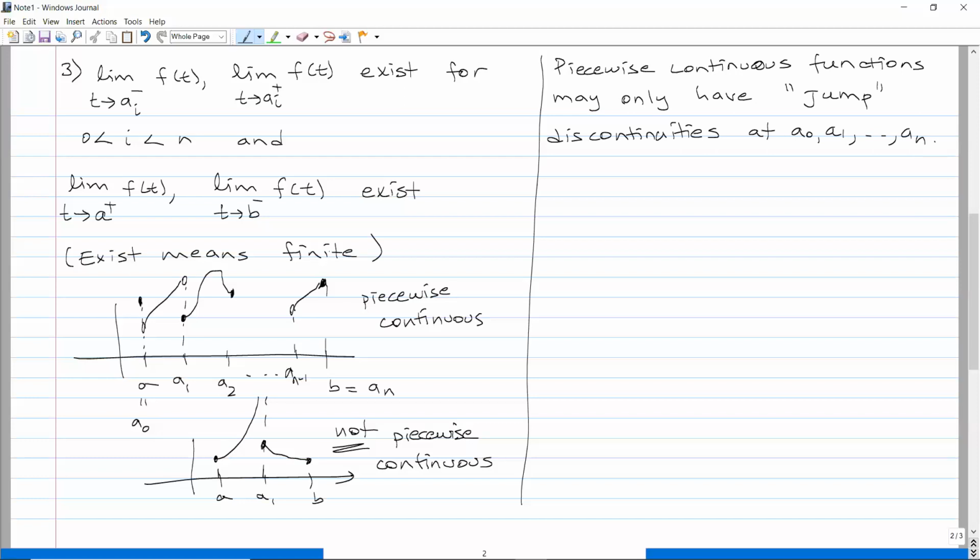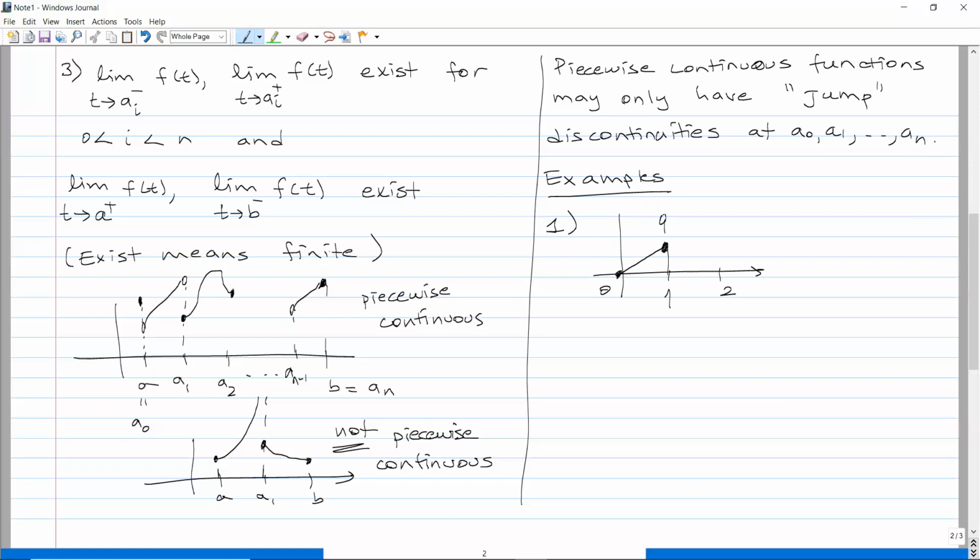Now, examples of piecewise continuous functions. So concrete examples. Say the interval from 0 to 2, and at the midpoint 1, let's take a simple function like this.